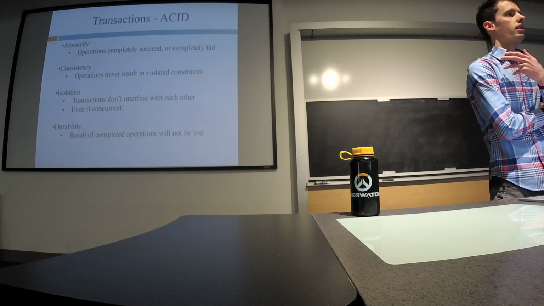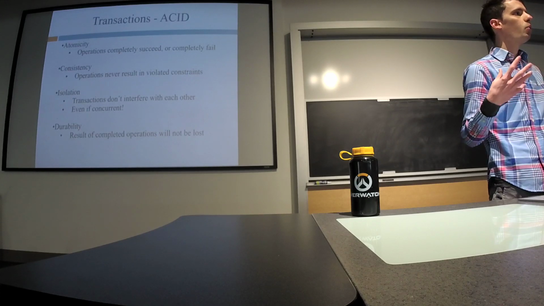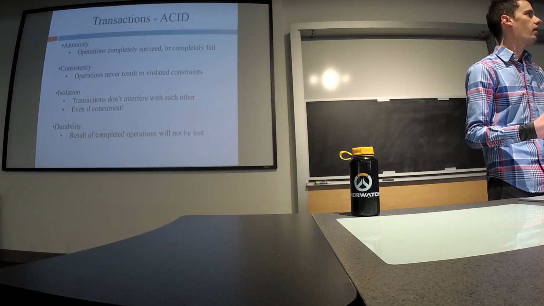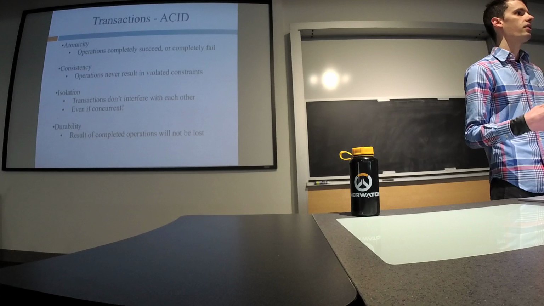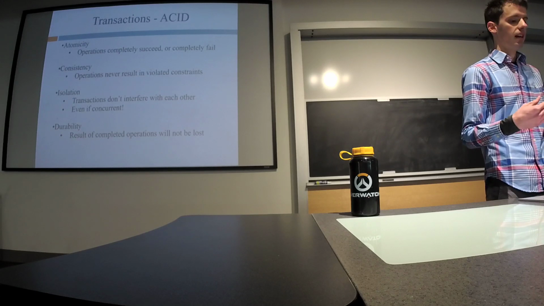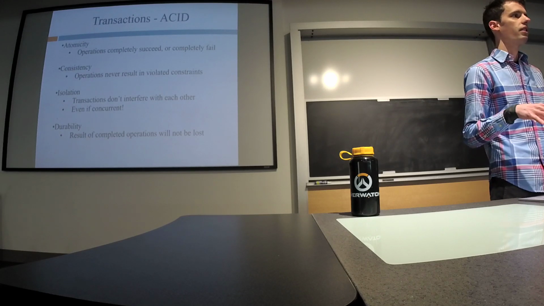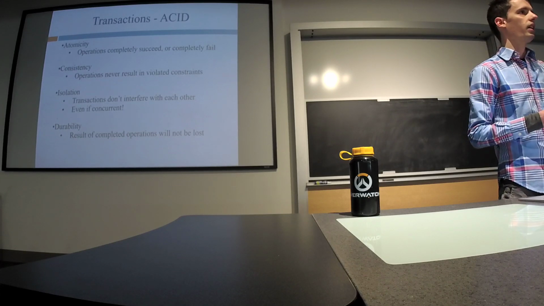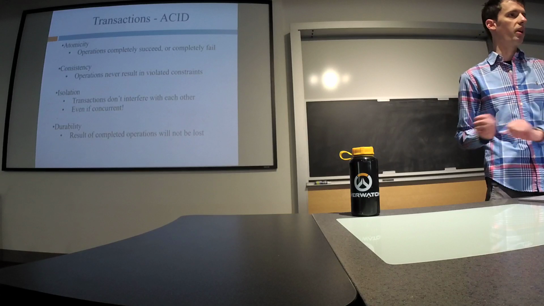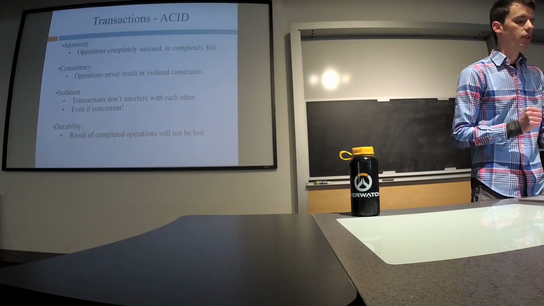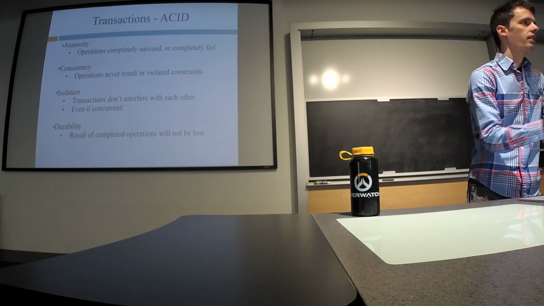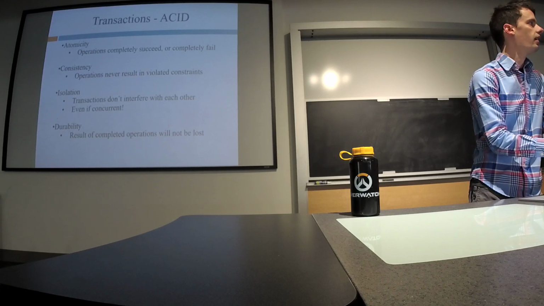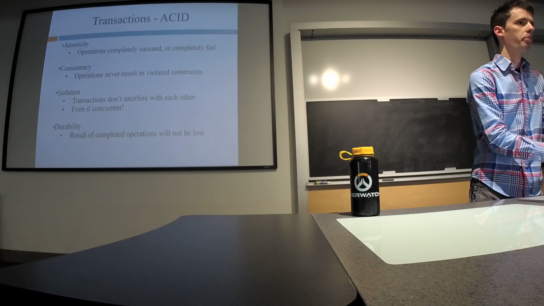Isolation is just the non-interference part. If two transactions are happening simultaneously or concurrently, they can appear to each other as though they are isolated and they have their own little world. They'll do their own things and not really worry about the other one. And then durability means if the transaction completes, then the database is updated.